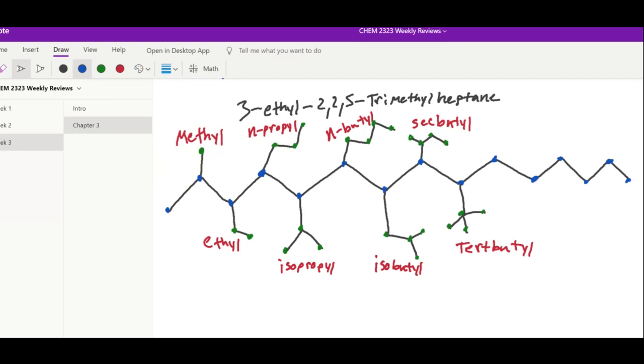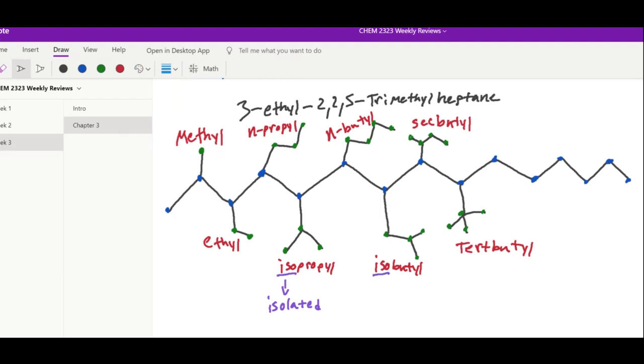Okay, so methyl, ethyl are self-explanatory. There's nothing special going on. Propyl has a special variation of how it looks, which is this word right here, iso. Okay, so iso stands for isolated at the very end.